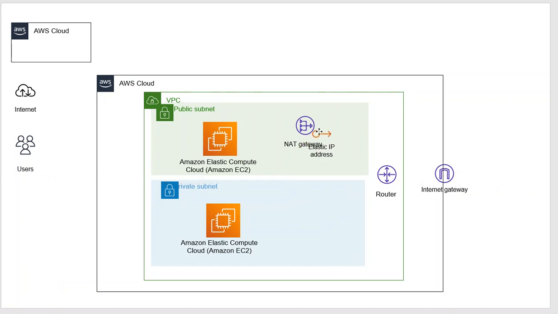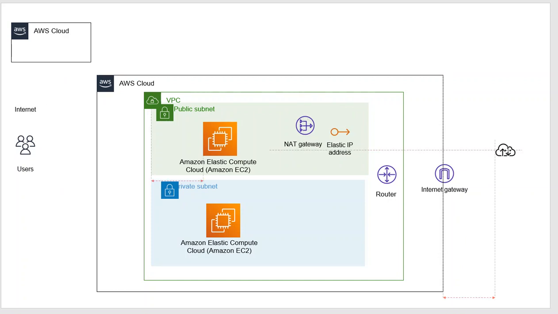Okay, and an elastic IP address to be attached to your NAT gateway. So you should have an elastic IP address. So, internet. From the internet you should be able to access. Okay. Let me put it in here.